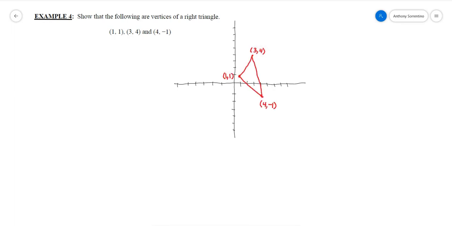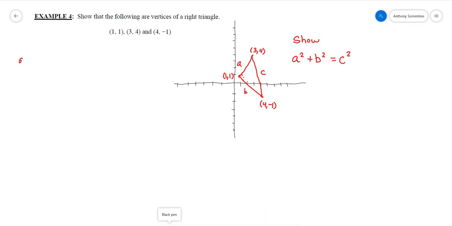And so that's what my triangle more or less looks like. It's a quick sketch, but I can kind of see that this more than likely was where the right angle is going to be. So I'm going to call this side A, I'm going to call this side B, and this side C. And I want to be able to show that A squared plus B squared equals C squared. And I could define what A, B, and C are.